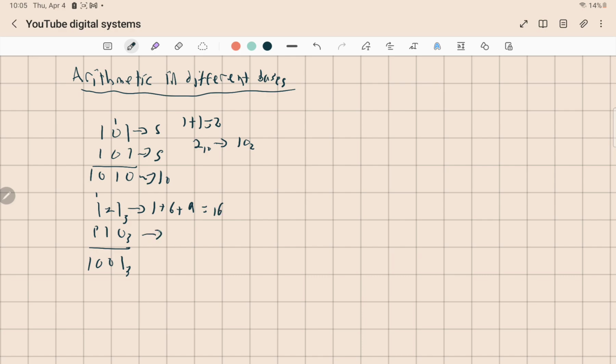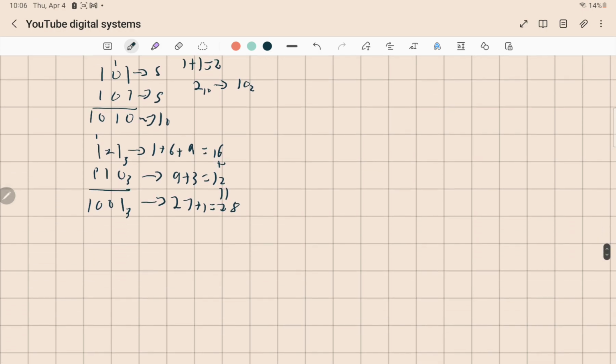And 1, 1, 0 is 9 plus 3 plus 0 equals 12. And so 1, 0, 0, 1 base 3 is 27 plus 1. So that's 28. And 16 plus 12 equals that.